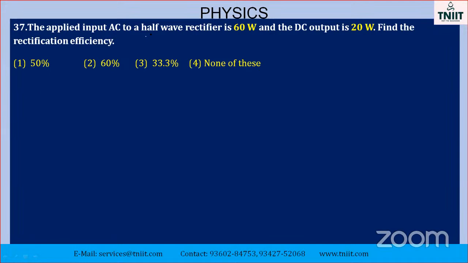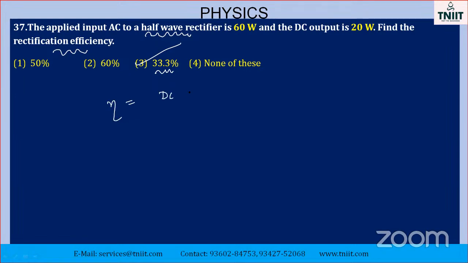For the half-wave rectifier, you know the rectification efficiency is 33.3%, right? Accurately, you won't get 50%, it will be only 33.3% actually. How to measure that?